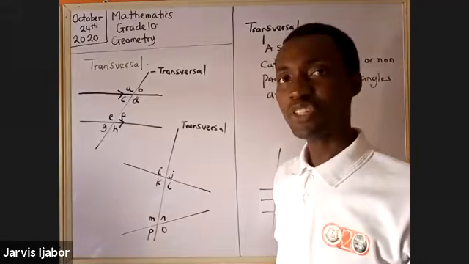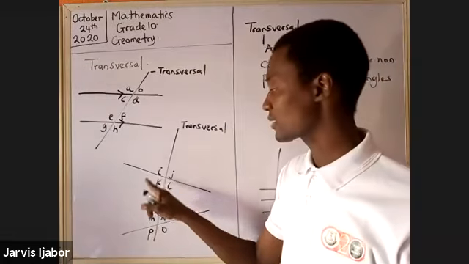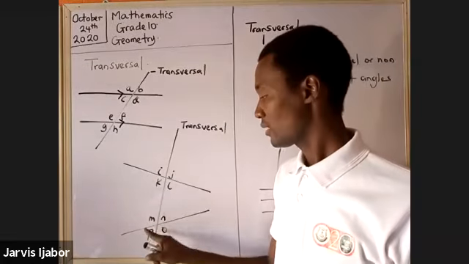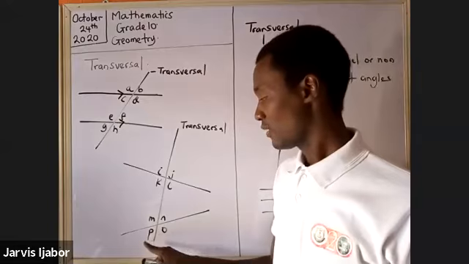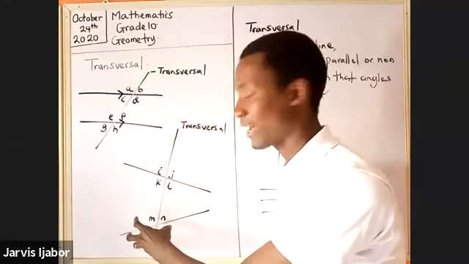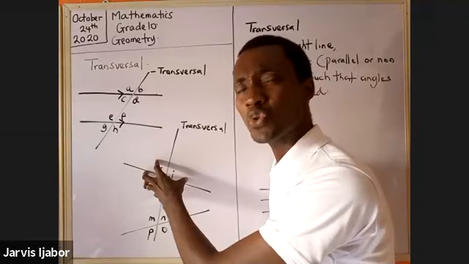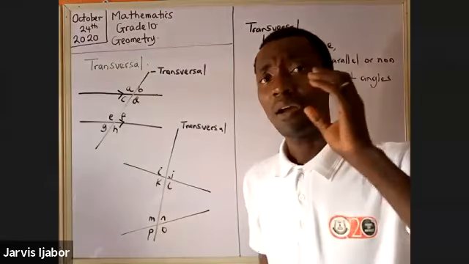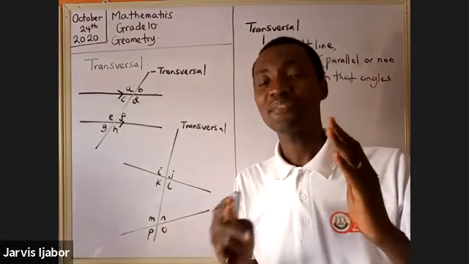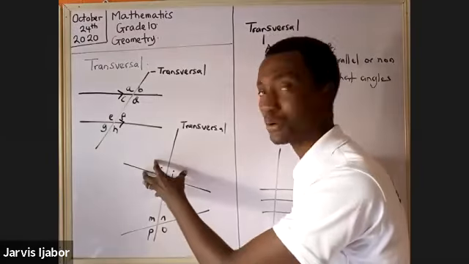But just to stretch your thinking a little, we know that this angle will be equal to this angle, vertically opposite. But because of the way the line is drawn, we cannot relate these angles here to these angles here. So we want an arrangement where we can relate these angles to these angles.